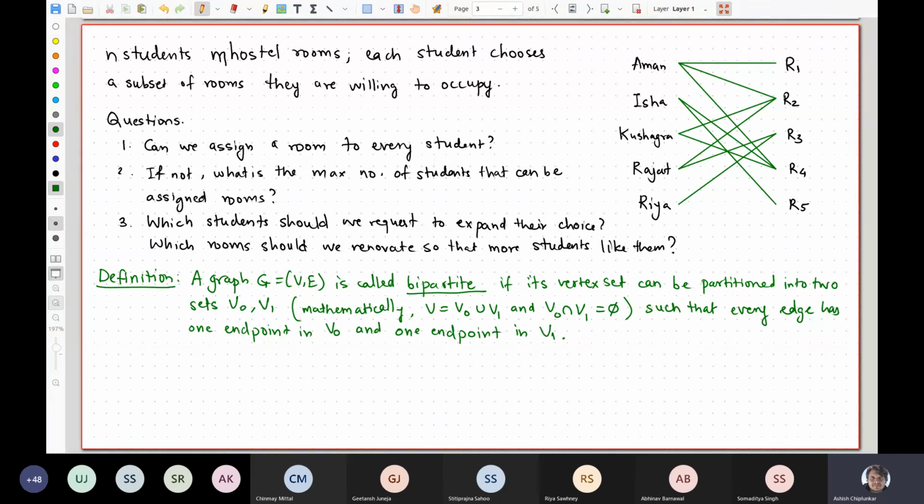So basically these V0 and V1 are what I'm referring to as the set of student vertices and the set of room vertices, although they can be interchanged, that's fine.